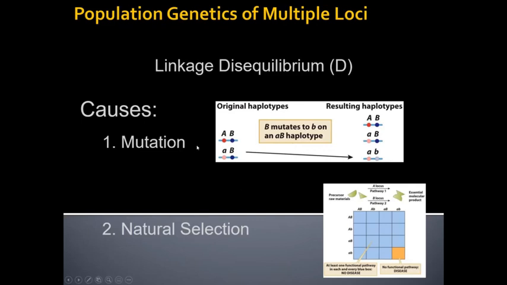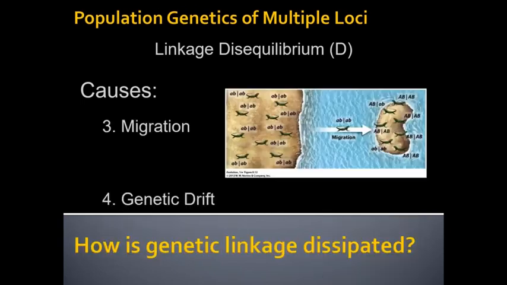The reason that we get linkage disequilibrium, the reason that alleles are linked, are a couple of things. If it's a very recent mutation, then it's going to be linked right next to whatever allele it just happened to pop up with. So if we get a mutation in the A gene, and it's right next to a big B allele, then that little a, that new mutant, is linked to the dominant allele, the big B. Natural selection can also cause it if we're pushing for two traits to be selected very, very rapidly.